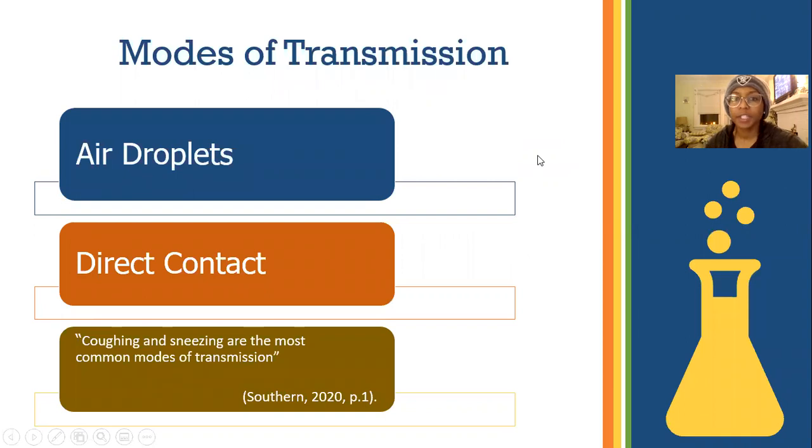Modes of transmission, I thought this was really important to add because it can help in stopping the spread of the disease. It's transmitted by air droplets and direct contact. When I say air droplets, I mean if somebody sneezes or coughs, those little particles can travel quite a distance, and that's how we can contract the bacteria.